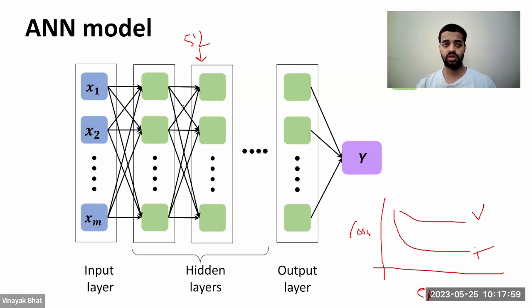For instance, let's say during one training batch you have the first neuron over here not active. So there's no information being passed to this neuron. All the information is just being passed to the second neuron.